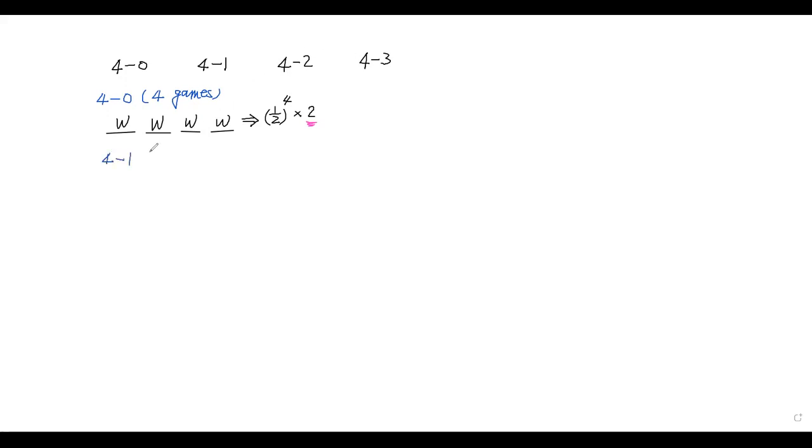For a 4-1, I'm going to have a total of 5 games, games 1, 2, 3, 4, 5.